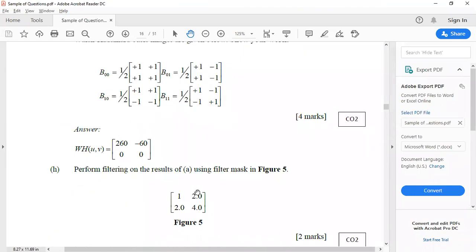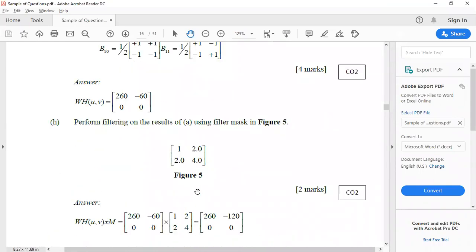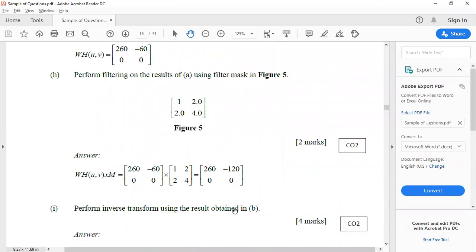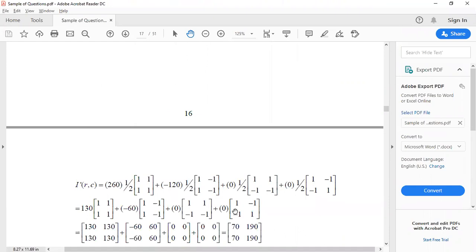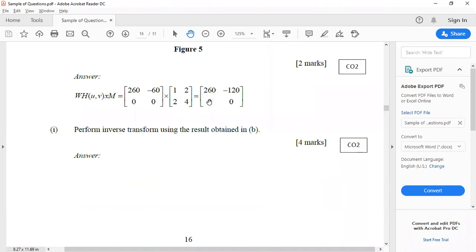Perform filtering. So again, you're increasing the magnitude of high frequency. So you should expect your result eventually will become sharper.